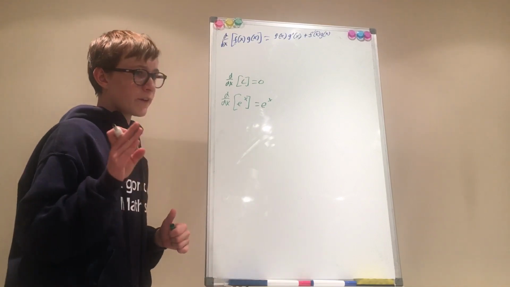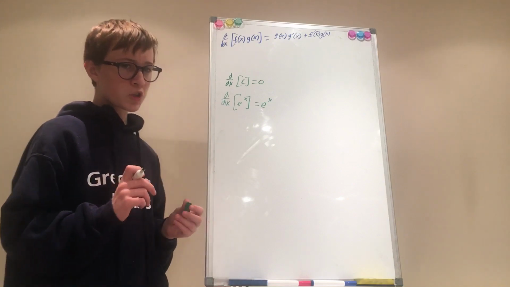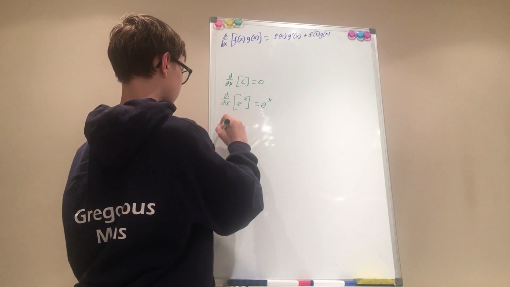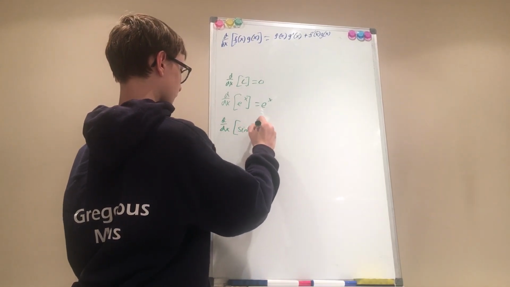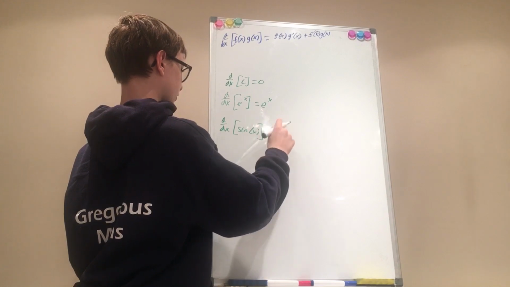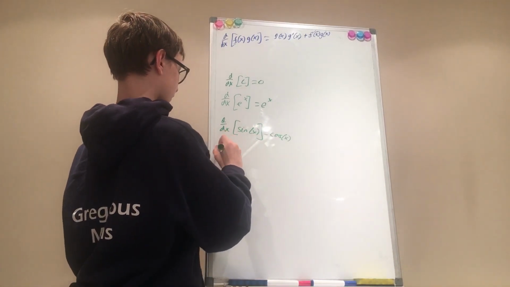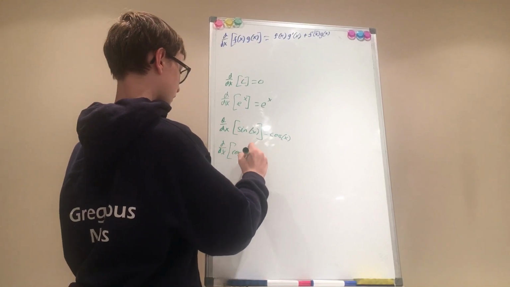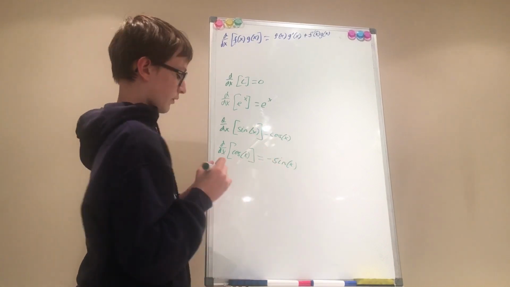Now, I will make a video on the introduction to the trig functions, but if you're watching this, you'll probably know what sine and cosine are. So the derivative of sine of x is equal to cosine of x. The derivative of cosine of x is equal to negative sine of x.